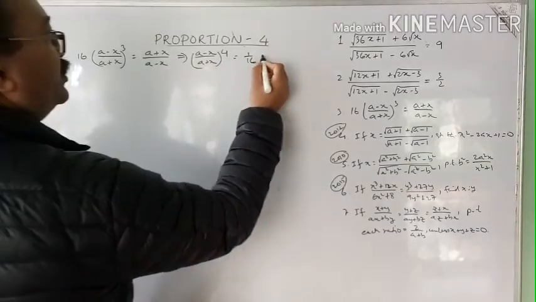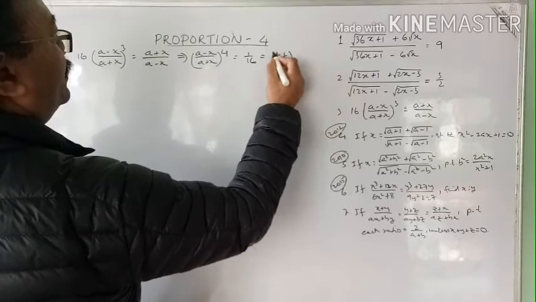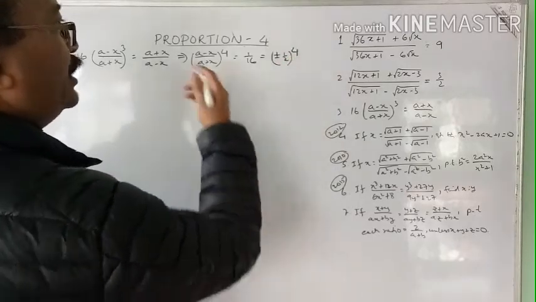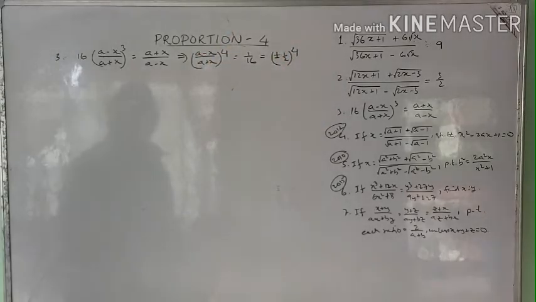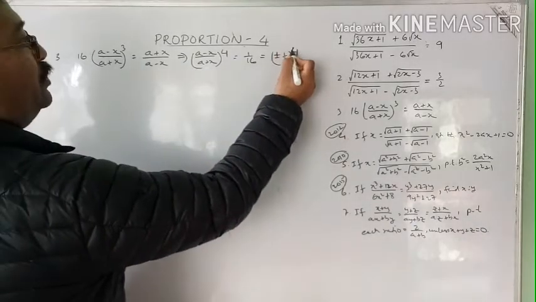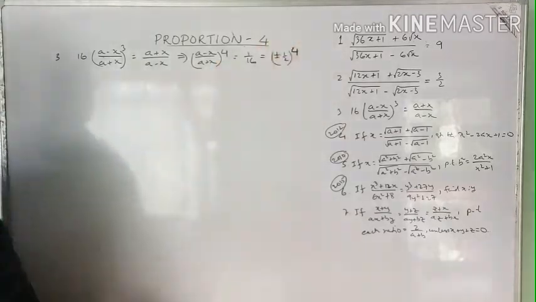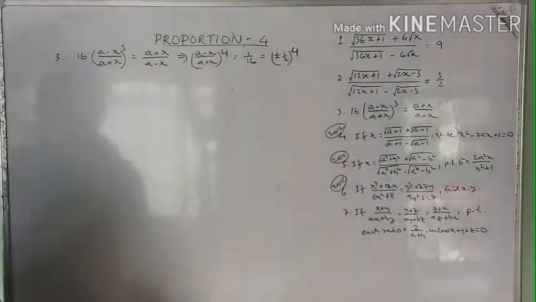Which you can write as plus minus half to the power 4, so that we can cancel the exponent here. Since the power is even, we must write plus minus, because plus to the power 4 is plus, minus to the power 4 is also plus, so we have to take both the values.